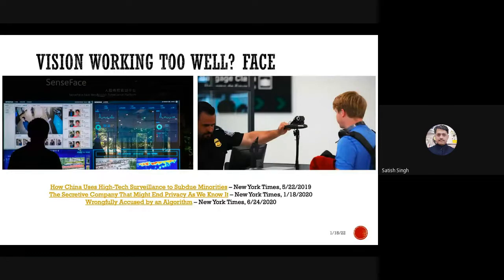In this example, just by using facial recognition, it was assessed that the person was guilty, and he was even punished. But at the end, people came to know that the person was not guilty. So these are some unethical practices, some threats, some challenges of these kinds of models.